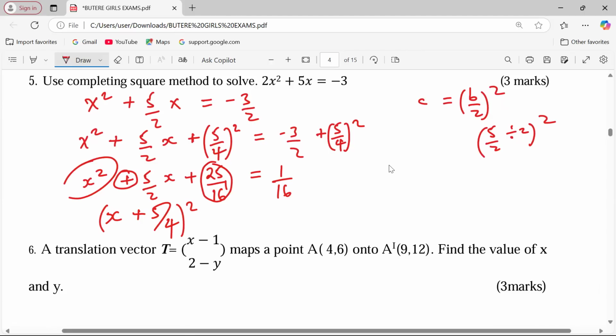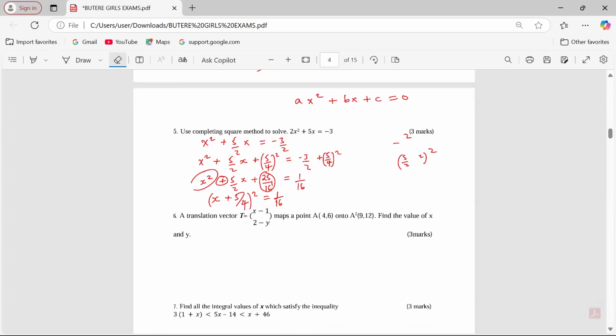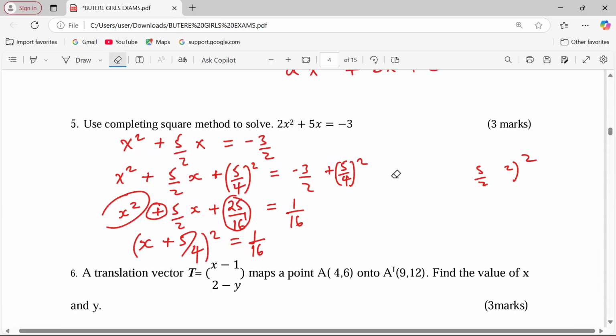So that perfect square on the left has now been factorized. This is equivalent to 1/16. Then now we go to the other stage, which means we take square root of both sides. So square root of the left-hand side, because we're having x plus 5/4 squared, now we have 1.